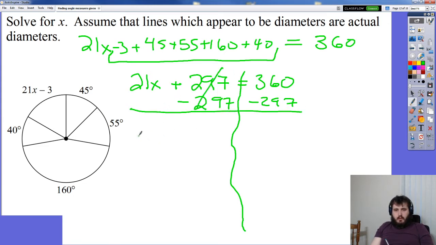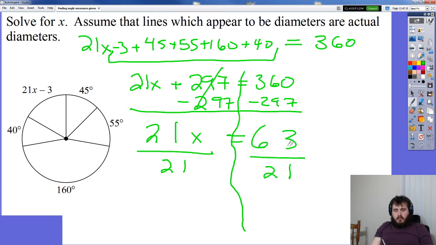We got 21x equals 63. Now we got to get rid of this 21. We're going to divide both sides. 63 divided by 21 is 3, and that's what x is. So that's x. We found x.